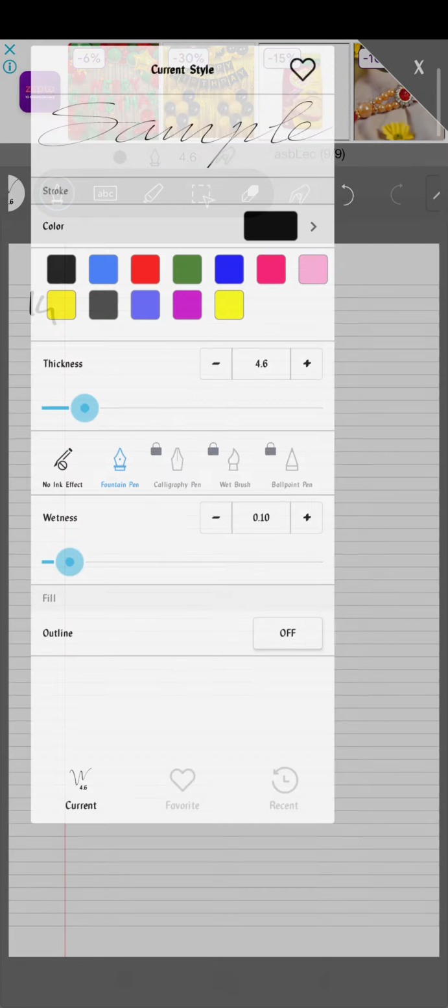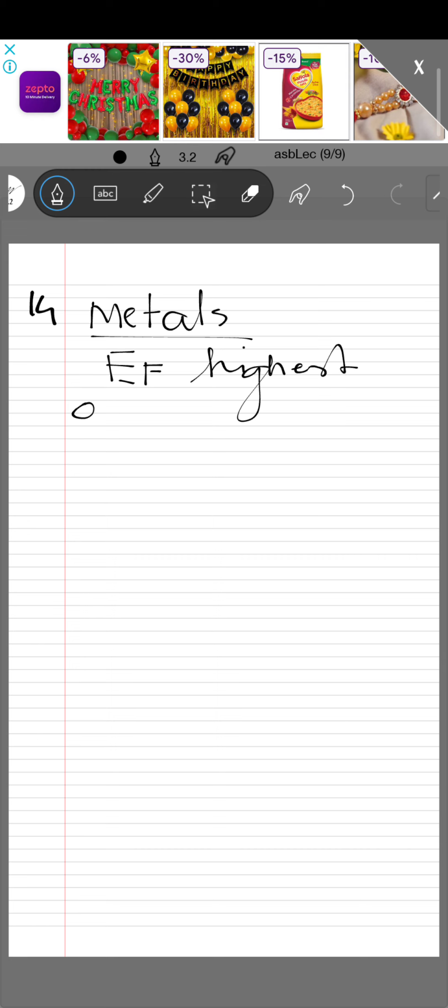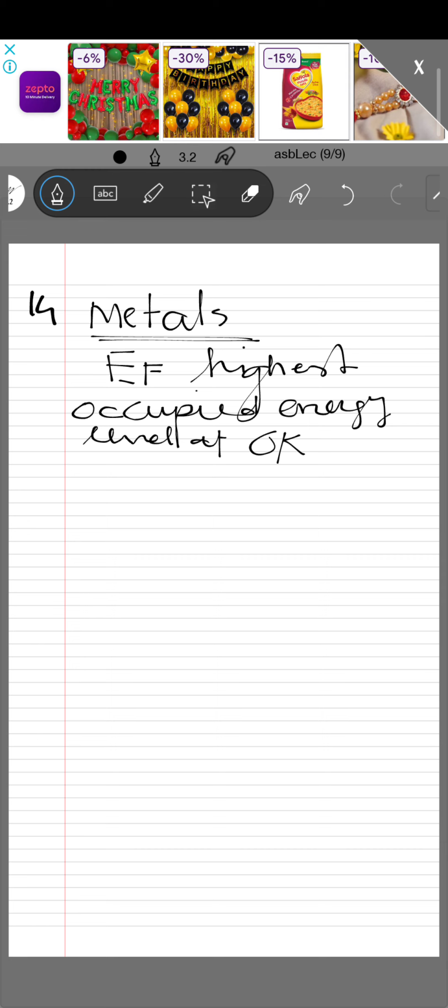So in metals, Ef is the highest occupied energy level at 0 K, whereas in a semiconductor the occupancy is considered to be 50%. 50% of the states are occupied here.